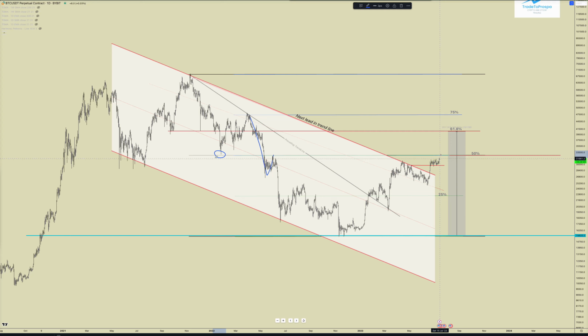So price will come here and there's liquidity above it, and that's where we've got to be careful. It can come down hard.